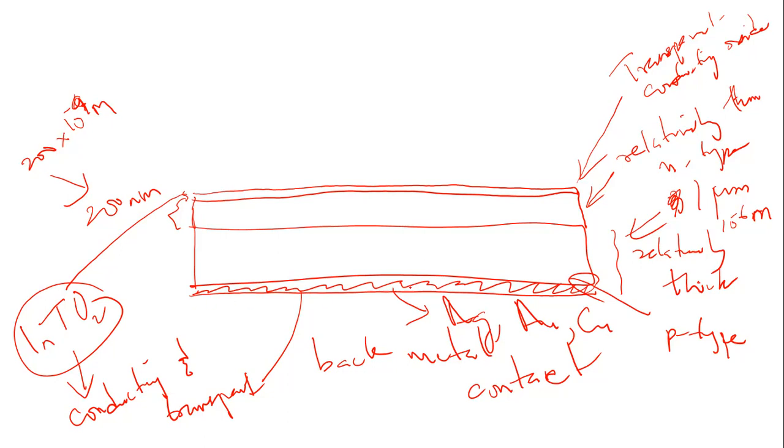So you can use a non-transparent back contact metal here, and use a p-type, use an n-type, and then on top of that you have a transparent conducting oxide. Indium tin oxide is a compound which can conduct electricity and is also transparent at the same time. And on top of this ITO, there is this thing called glass, transparent glass.